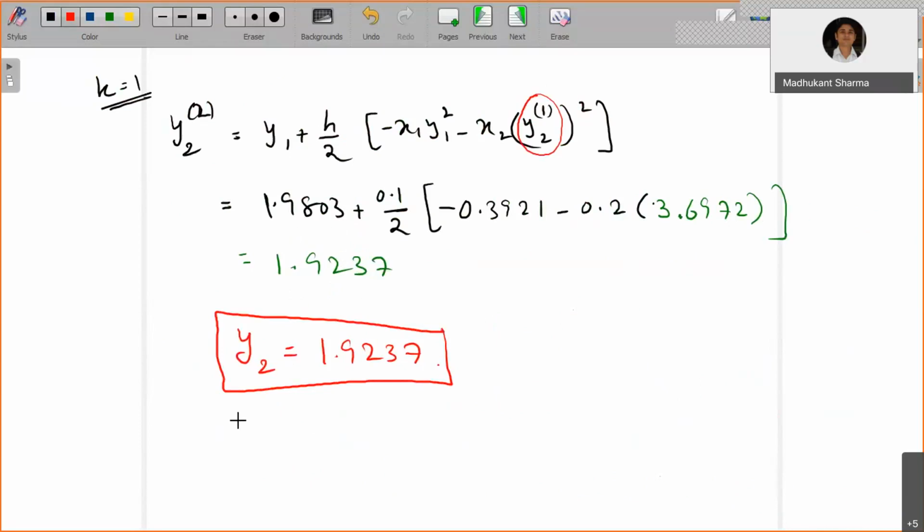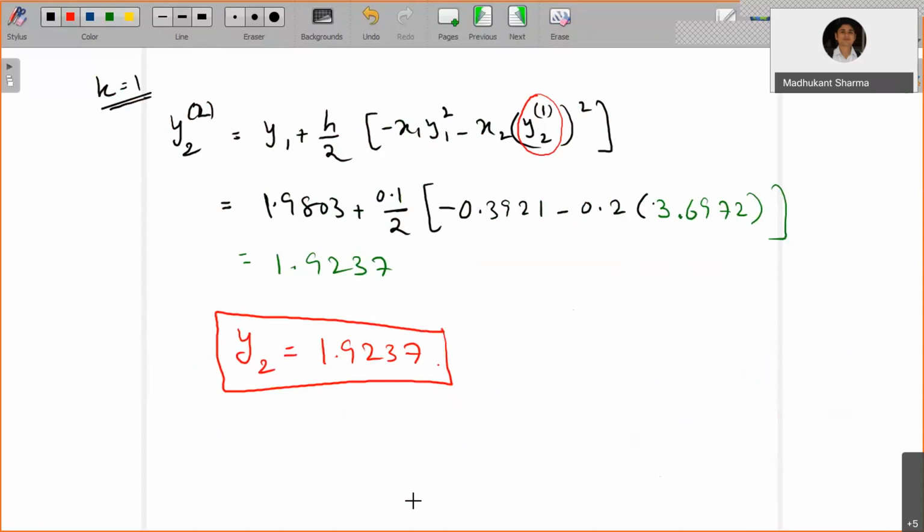Then you can go for y3 in a similar fashion, y4 and so on. So this is the predictor corrector method for the above problem. But the disadvantage of the predictor corrector method is that there is a stability issue, which we are going to check at the end.